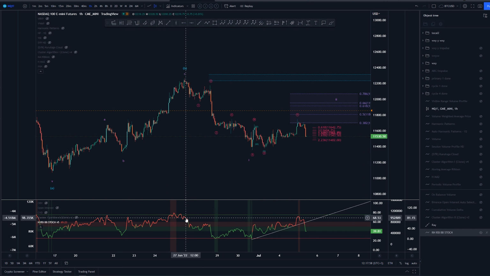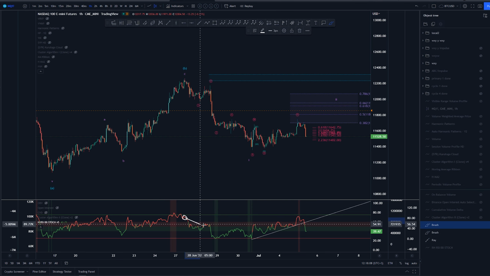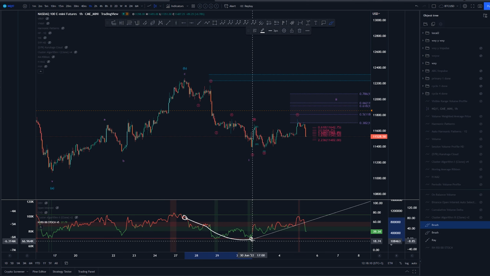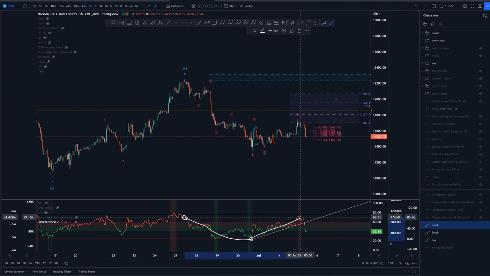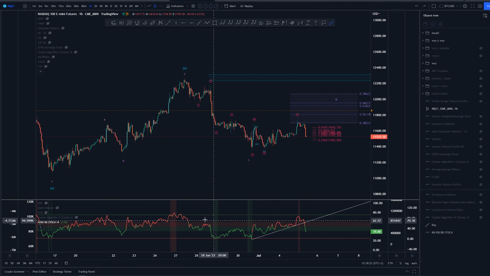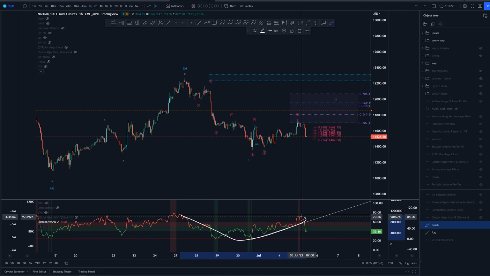We did have that divergence in play here for quite a few hours, and then we had a complete retracement from these highs coming down to the lows, and then back up to these highs basically around here on 5th of July, so basically today, and we did retrace basically the whole cycle of this structure here.